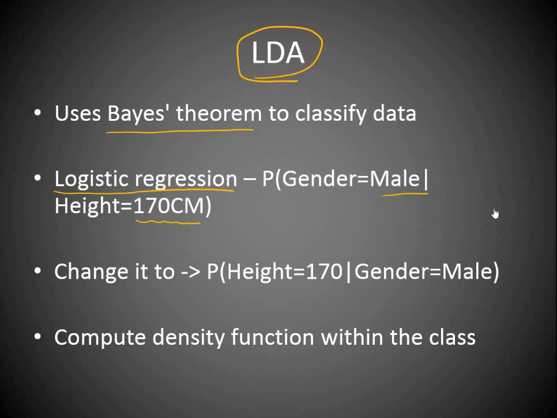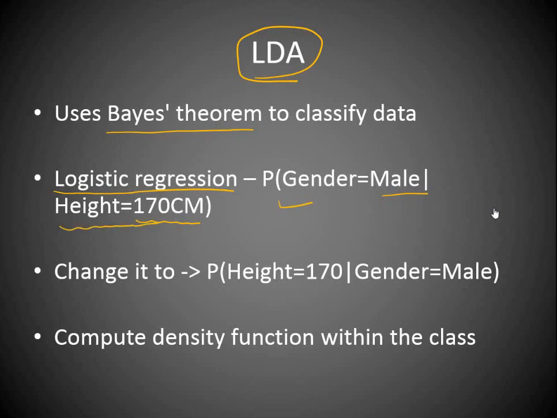So we build a model which takes height as input, and based on the output from the regression model, it finds out the probability. So the probability of somebody being male or female comes from the explanatory variable height.